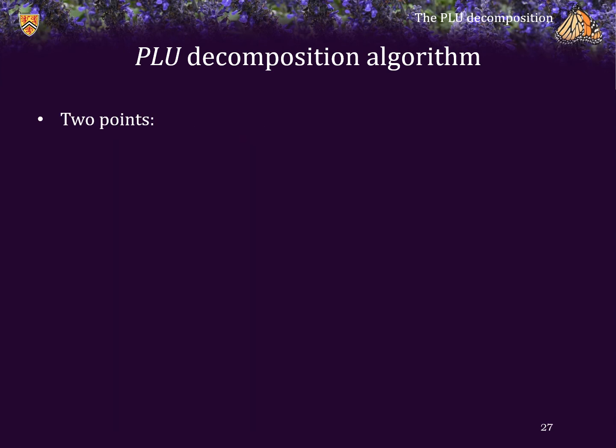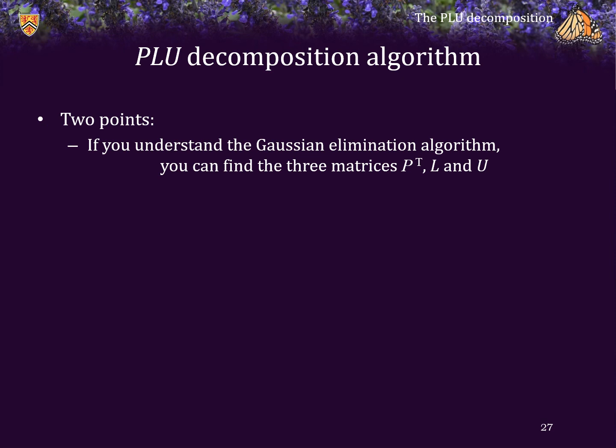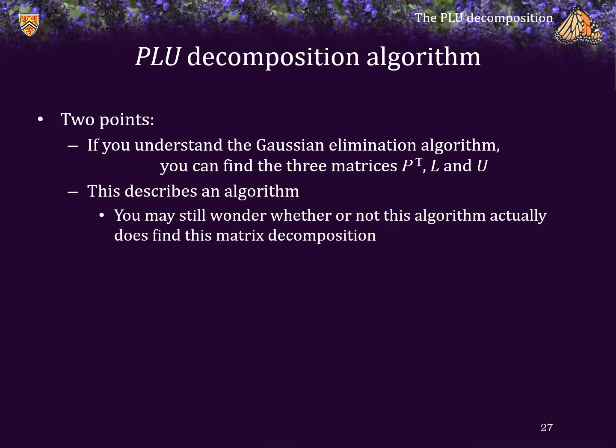Now, 2 points on this algorithm. If you understand Gaussian elimination, then you know how to find these three matrices. However, what's interesting here is that this describes an algorithm. You may wonder whether or not this algorithm actually does find the matrix decomposition.